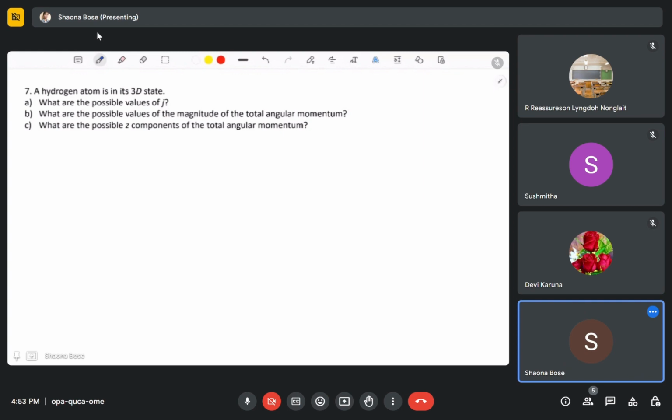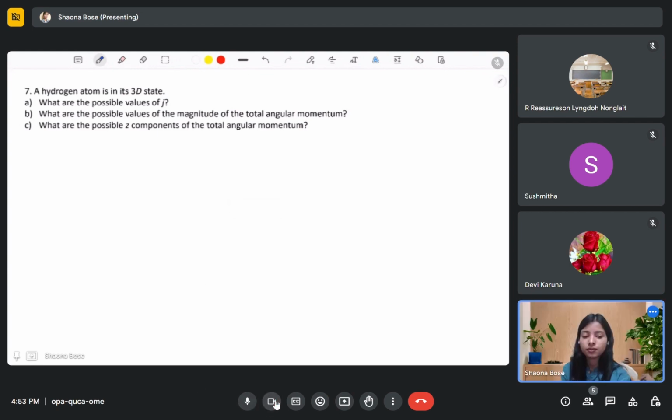So what are the possible values of J? I hope you guys are solving this.